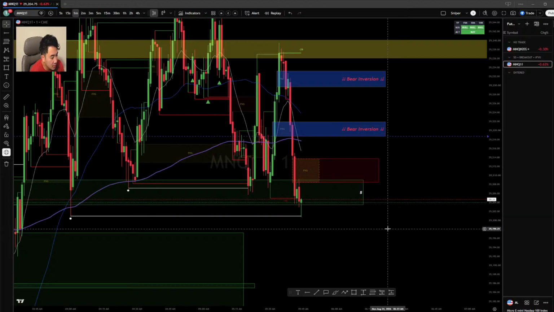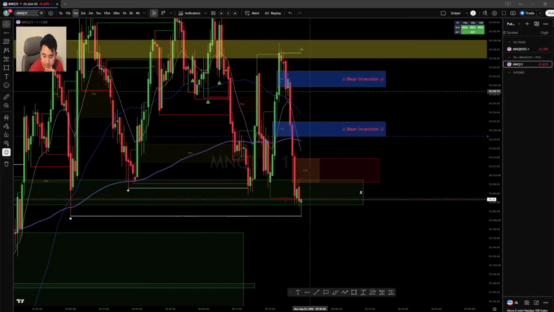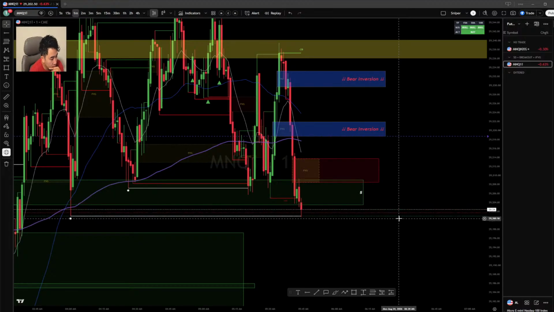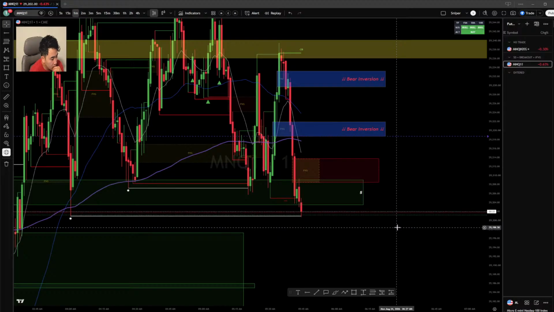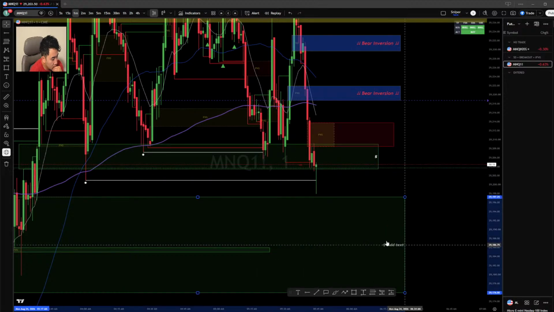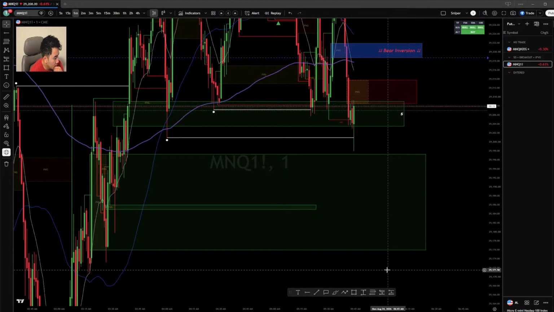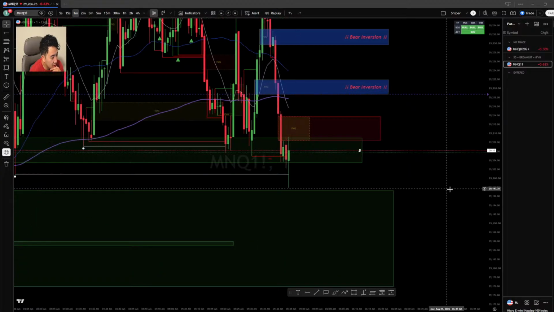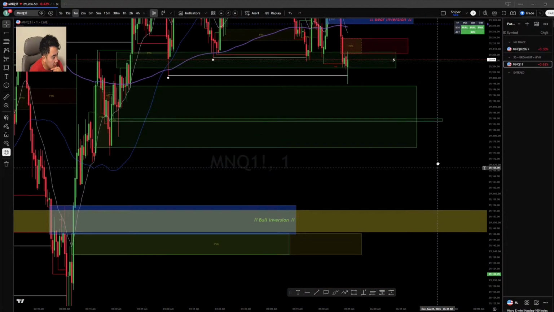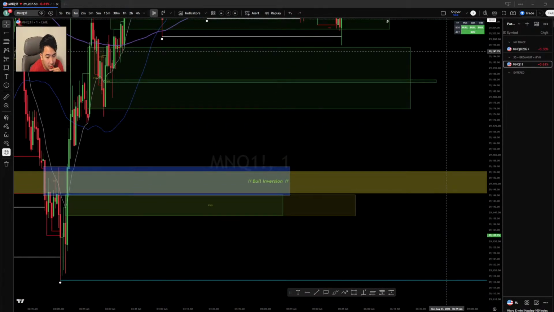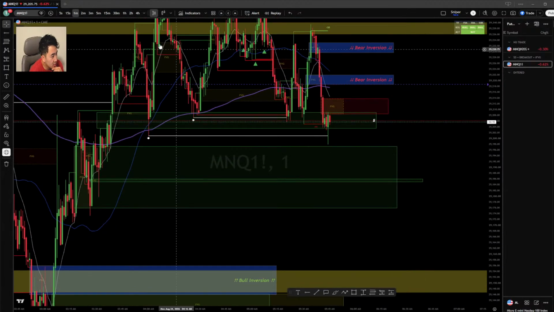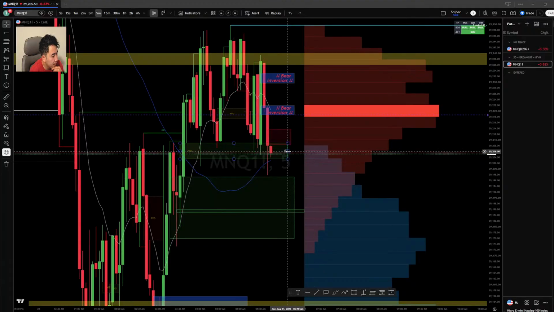Price took this 1 minute liquidity. You have this large bullish gap here. Looks like price is still holding at this 5 minute gap right here.